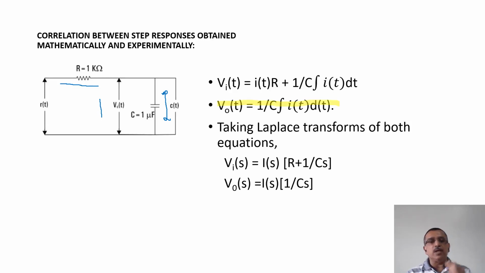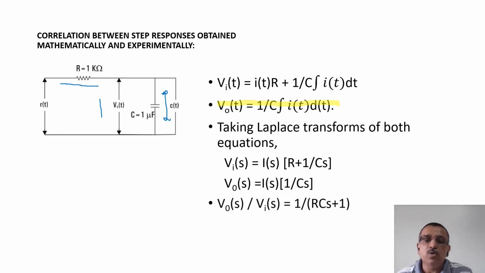The Laplace transform of this equation is Vo(s) equal to 1 by Cs I(s). So I know Vo(s) and Vi(s). What is the transfer function? Vo(s) by Vi(s), which is equal to 1 by Cs divided by R plus 1 by Cs. By doing simple algebra, you will get Vo(s) by Vi(s) is equal to 1 by 1 plus RCs. So this is the transfer function.